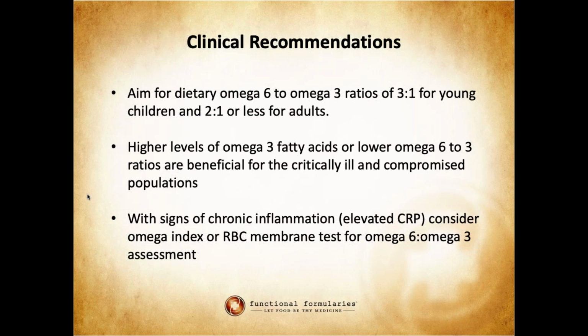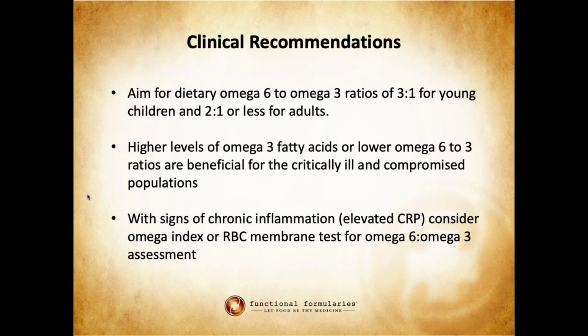And then there are ways that we can assess this in a patient or in the populations that we deal with. One, obviously, high levels of inflammation, such as an elevated C-reactive protein, should always make us consider this something to address with a patient. And now there are easily ordered red blood cell membrane tests, often referred to as an omega test or omega-3 index test, and they're offered by labs like Quest.